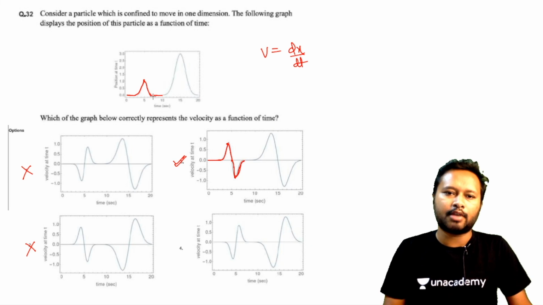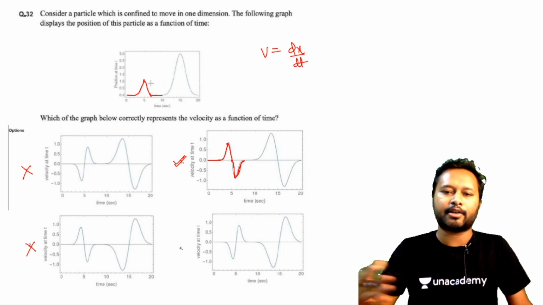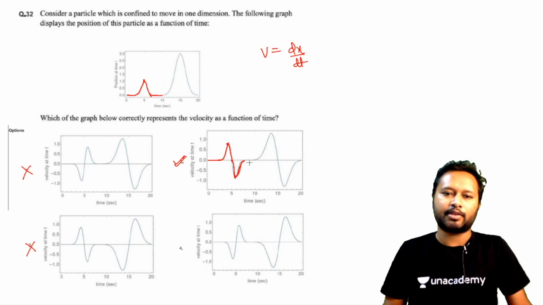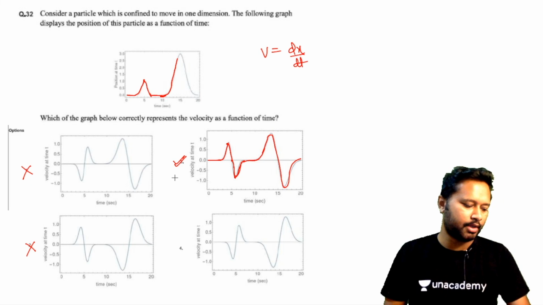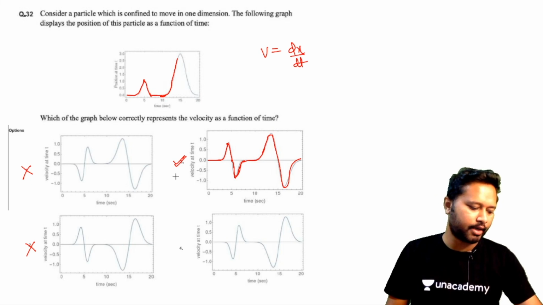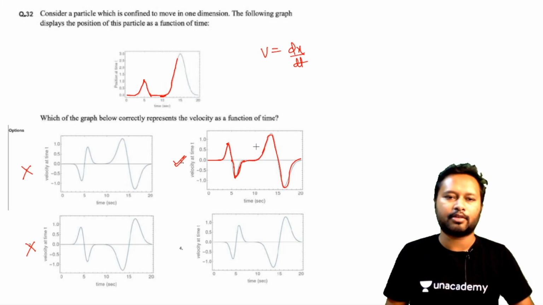Then again it's increasing here, and again it will have a similar pattern. So you can see the same pattern it's following, but with a larger magnitude. So option number 3 is the correct option for this. So that's how this will be done.